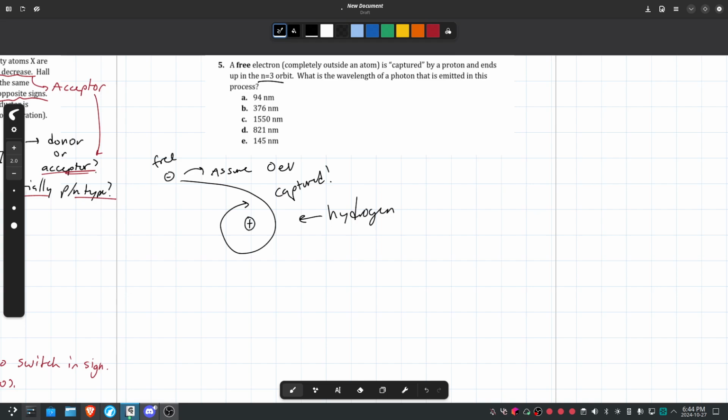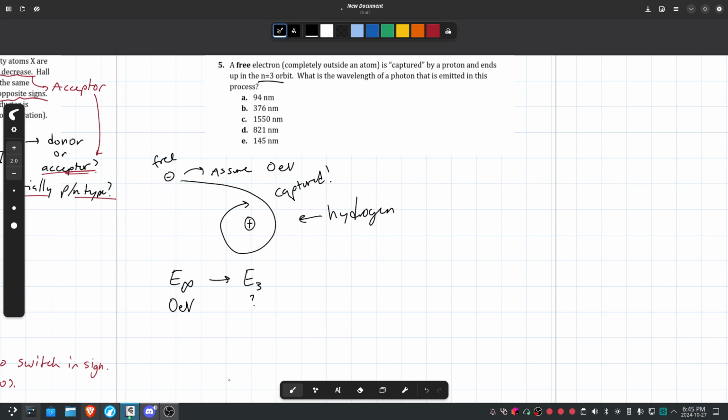Okay, so it ends up in the n equals 3 orbit. So it goes from an energy, or in the orbit of effectively infinity, right? Because it's completely free, to, this is 0 eV, to the third energy level. What's this energy? Well, we could use a formula. It's on your formula sheets.